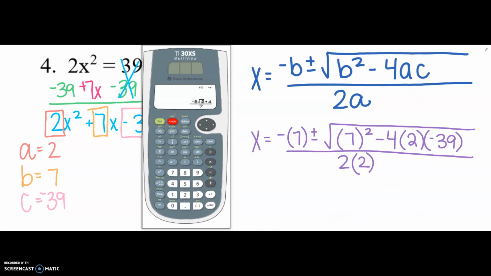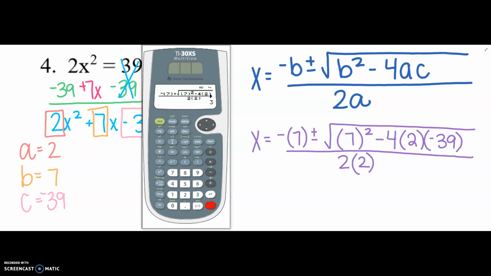So clear out what you have. First button is the fraction button. And then we'll type it in, negative parentheses 7 plus the square root of 7 squared minus 4 times 2 times negative 39 all over 2 times 2.